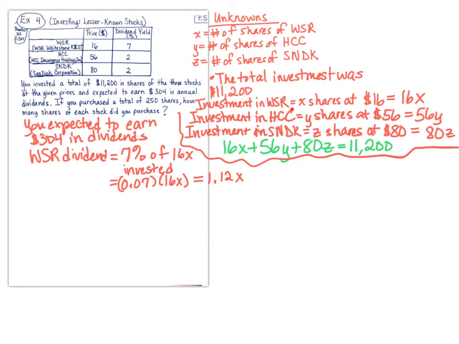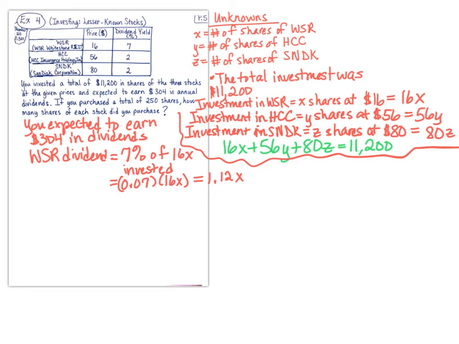Investment in WSR is X shares at $16, so that's 16X. Investment in HCC was Y shares at $56, so that's 56Y. Investment in SNDK is Z shares at $80, so that's 80Z, which gives us the equation 16X plus 56Y plus 80Z equals 11,200.